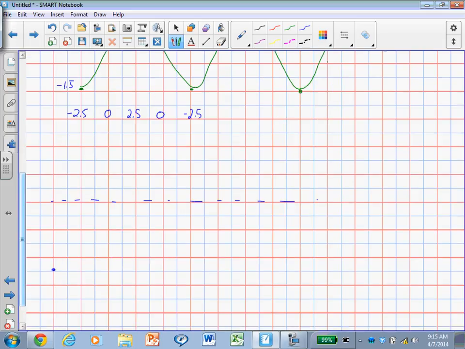Then we go to 0. Start it over. 2.5 down. 0. 2.5 up. 0. 2.5 down. Notice that it should be smoother.